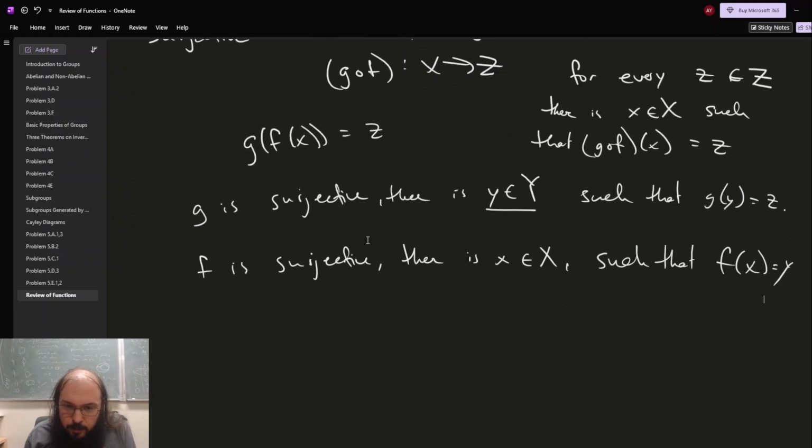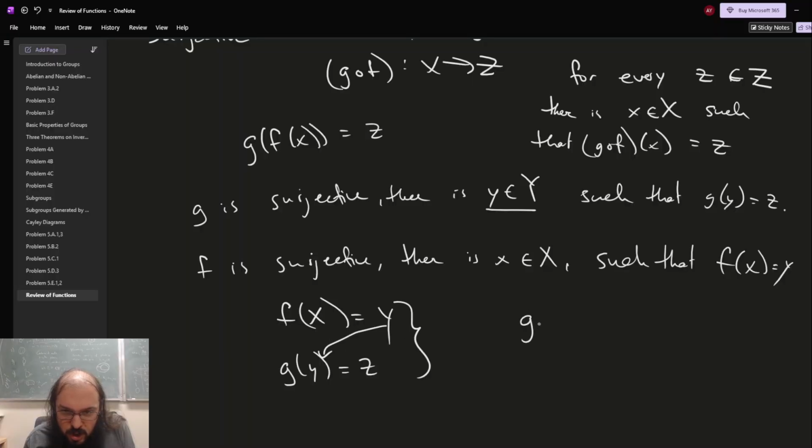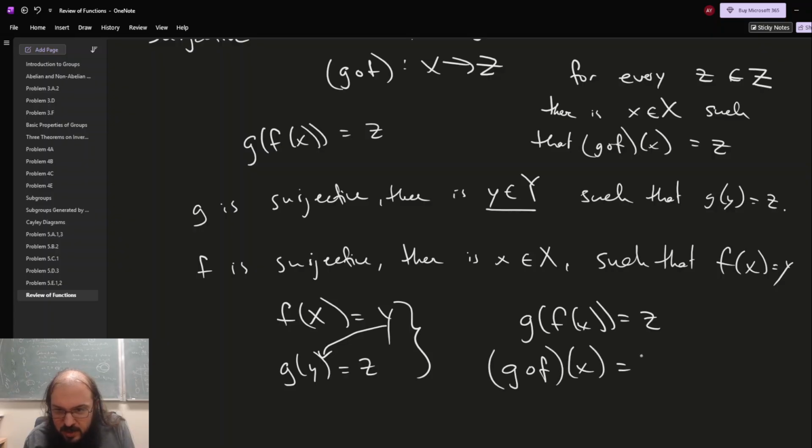Now we put these together. We take x, f of x equals y, g of y equals z. Combining these, we get g of f of x equals z, which is what we wanted to prove.